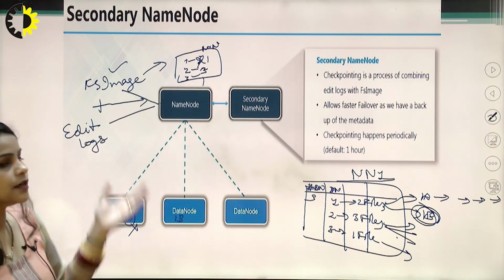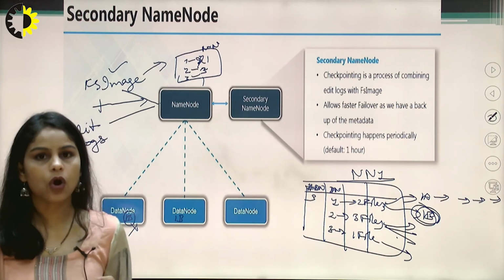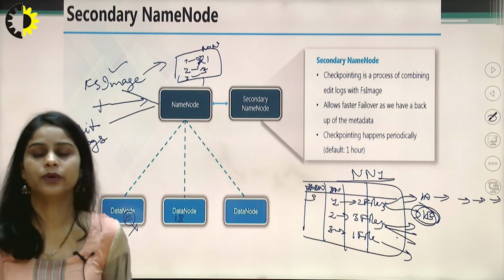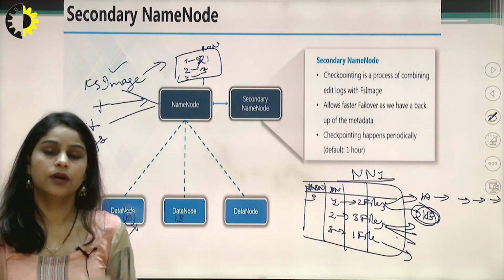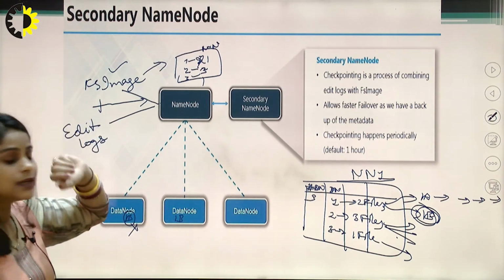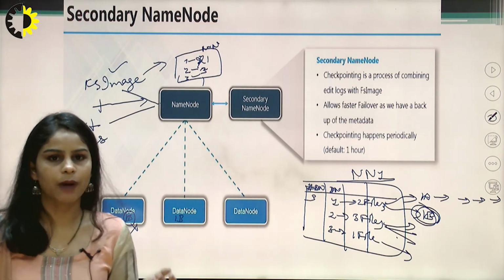And what are these edit logs? These edit logs are maintaining a record of the recent updates or recent changes that have been done. Now, what is the difference between these two? Again, let's take an example. As I told you, let us imagine this name node has been created 20 days back.